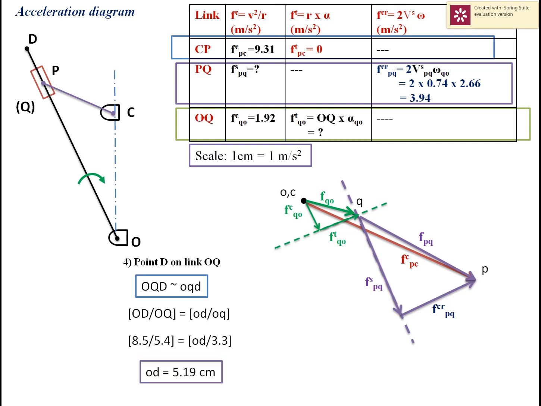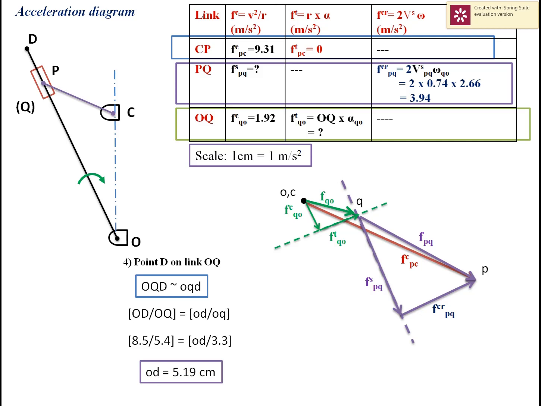So we'll take the ratio to determine the distance of point D from O. Capital OD upon capital OQ, these dimensions are to be taken from configuration diagram, which is equal to small OD from vector polygon, which we don't know. OQ is the length of vector OQ, which is equal to 3.3 centimeters. So OD, that is distance of D from point O in acceleration diagram, is equal to 5.19 centimeters.